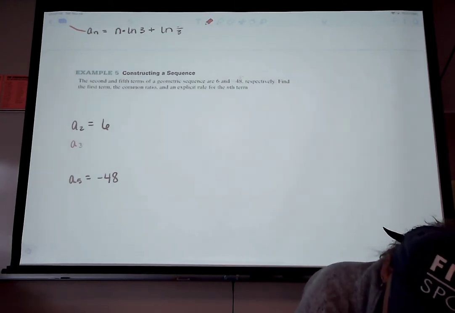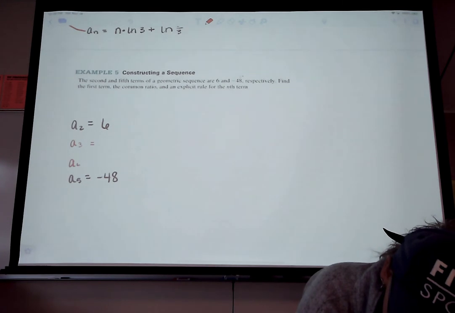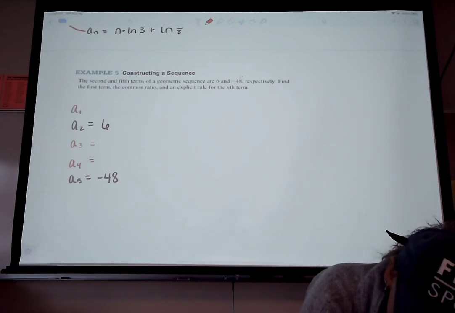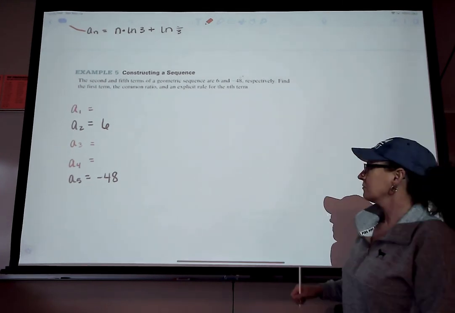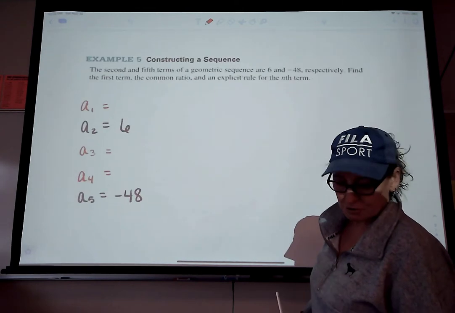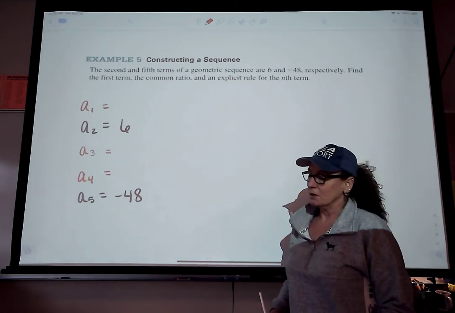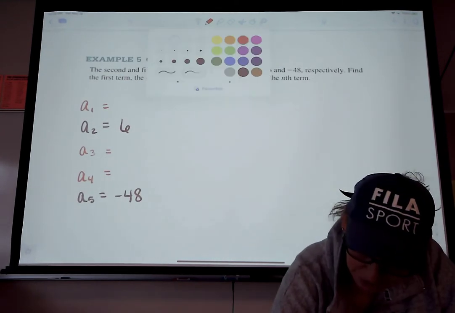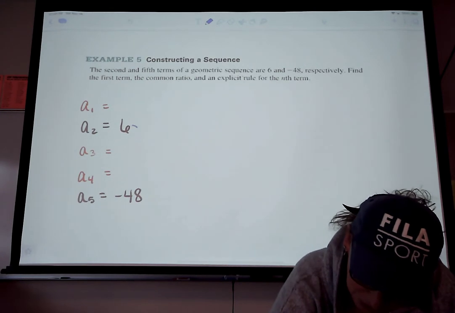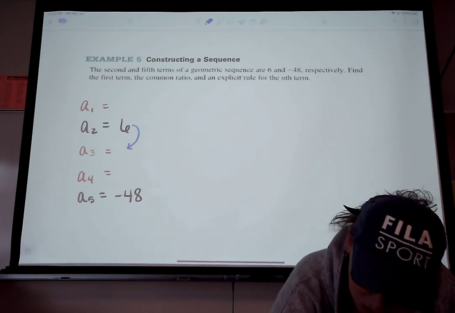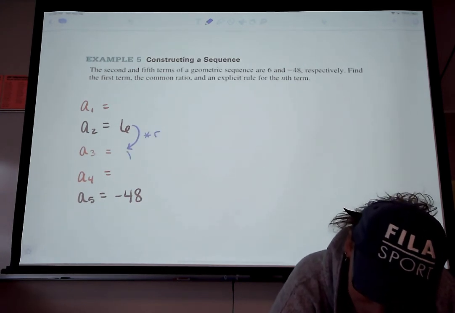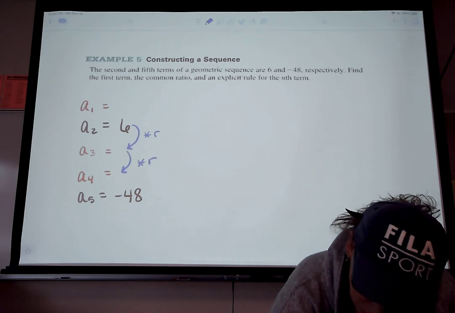Here's what we don't know. Okay, we don't know the first or the third or the 4th term or whatever, but it's okay. We'll figure them out. Keep in mind, to get from term to term, we multiply by r.